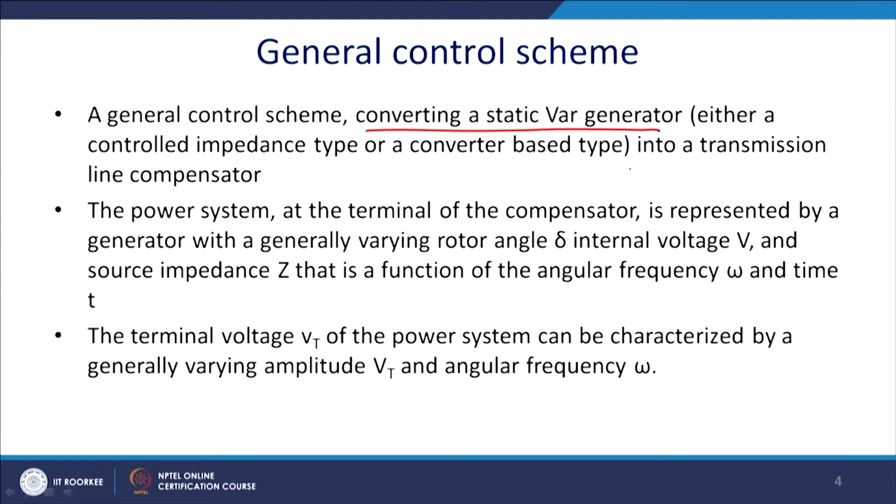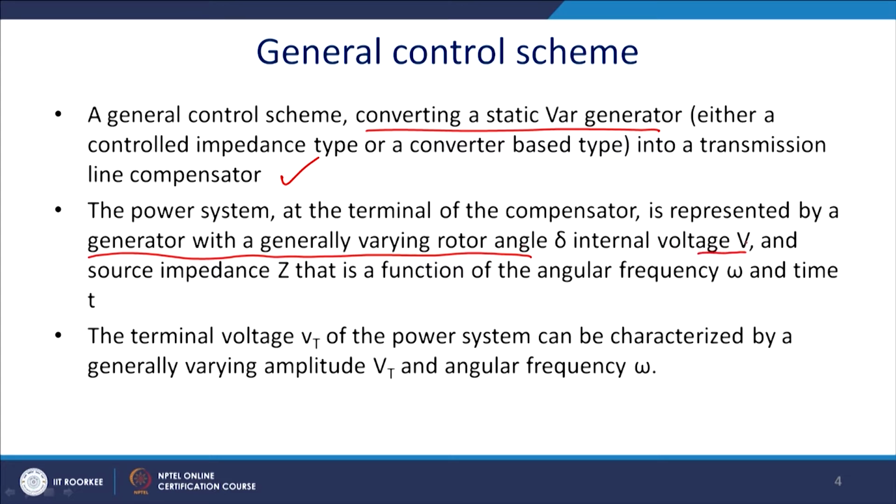In general, the control scheme converts the static Var compensator, either as a controlled impedance or a converter type, into a transmission line compensator. The power system at the terminal of the compensator is represented by a generator with a generally varying rotor angle and internal voltage.